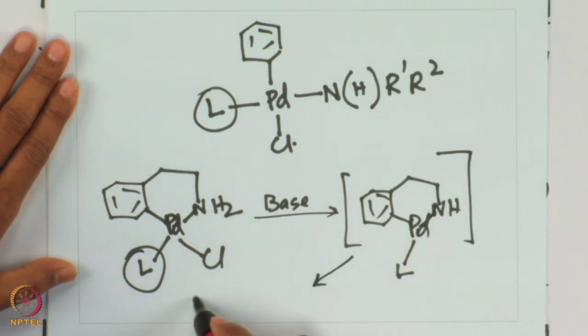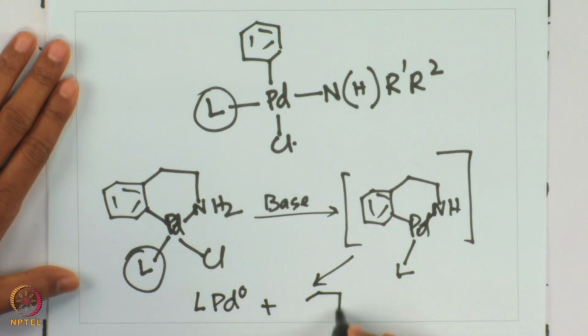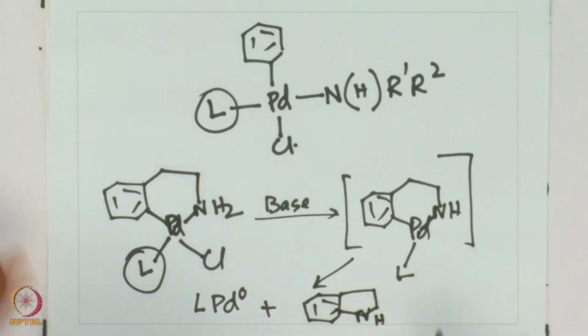From there on, we will get ligand palladium 0 after reductive elimination of the intermediate to give you the product like indoline.